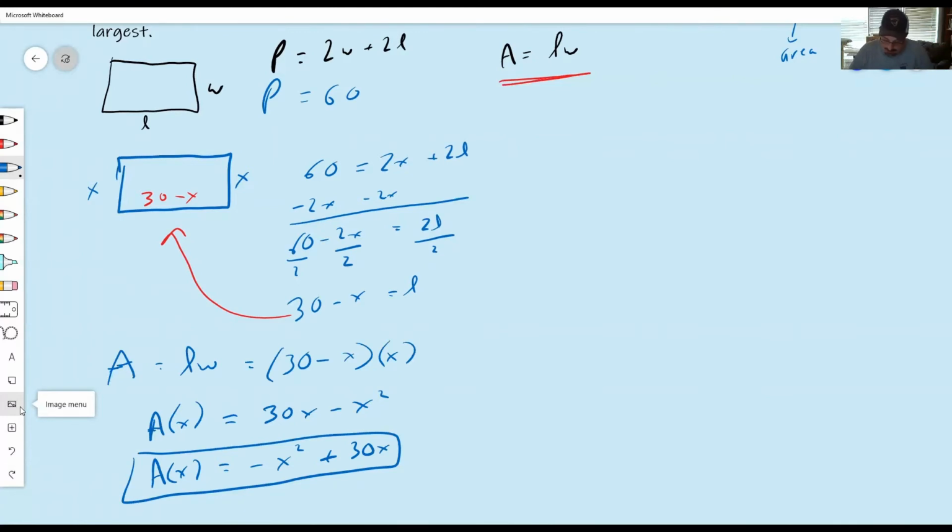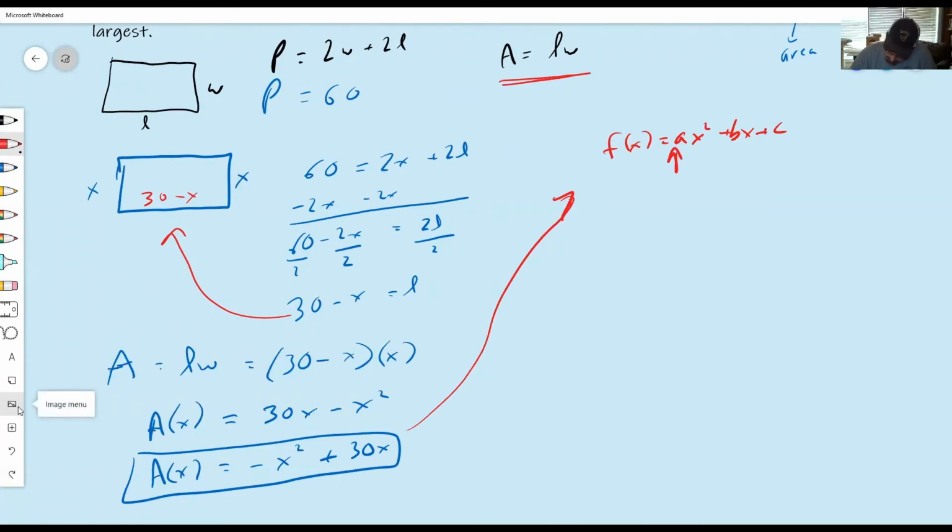Now, if you recall, right? Let's go up here real quick. F of x equals ax squared plus bx plus c. Remember, it's all about this a. A tells me whether a minimum or maximum.